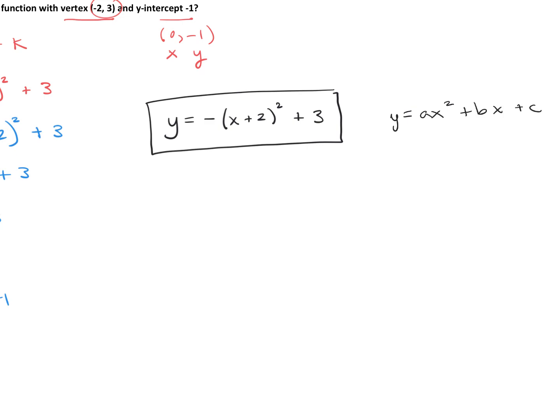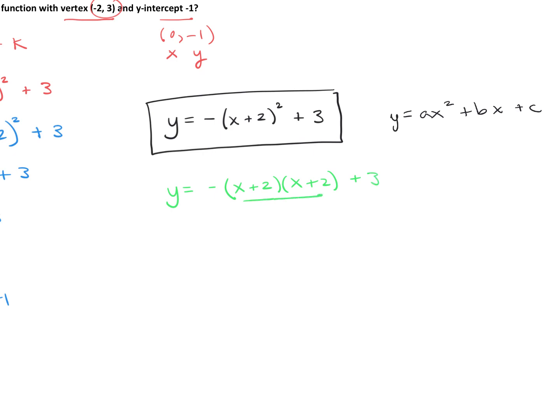That was part of our definition of a quadratic equation. We can take our formula that we have and basically multiply the whole thing out. So what that looks like is you have a negative. Anytime you have a binomial squared, that means you would write it twice. That means (x plus 2) times (x plus 2), and then plus 3.